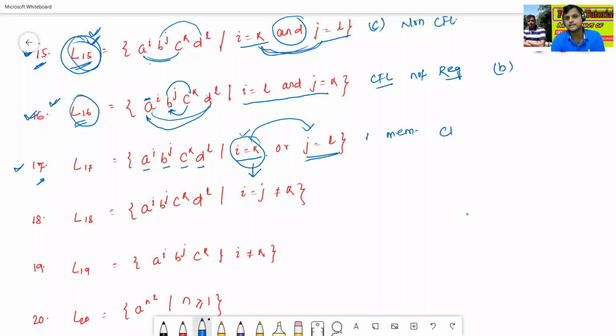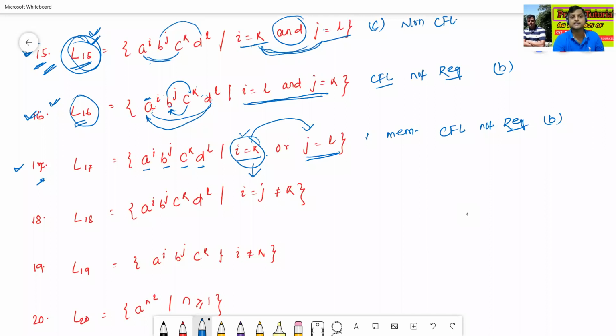So this language is context free but not regular, so it is option B. For the 15th question, we take both conditions at a time. Here also we can take both conditions at a time, but we can perform push and pop operations because all symbols are in sequence order.